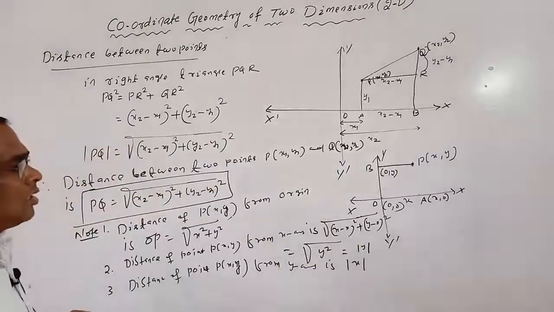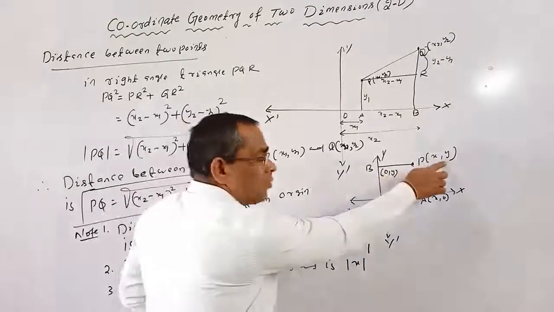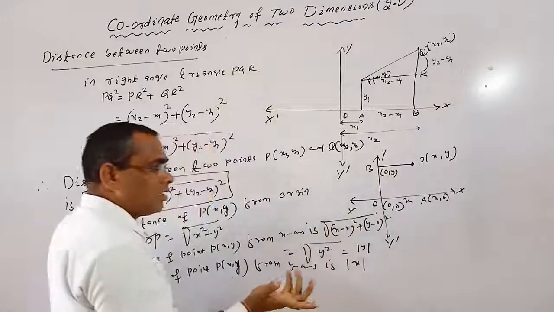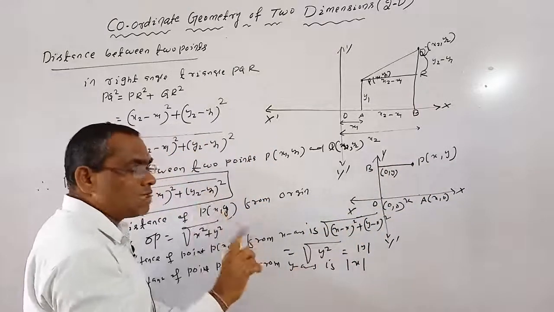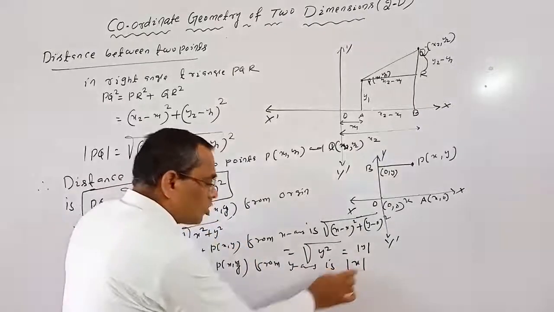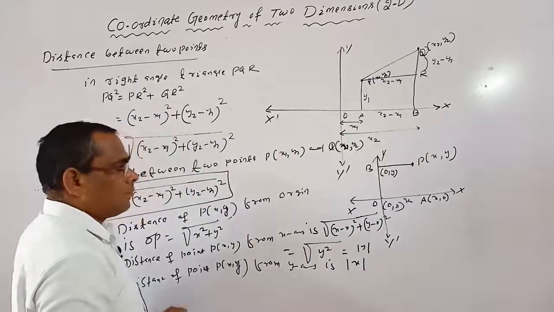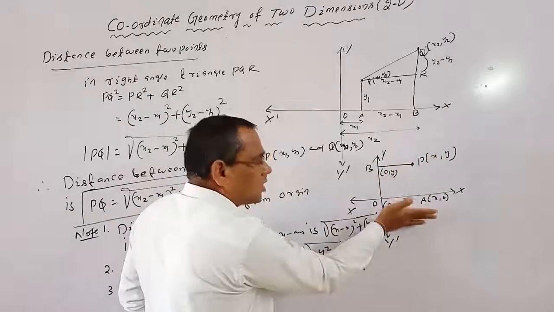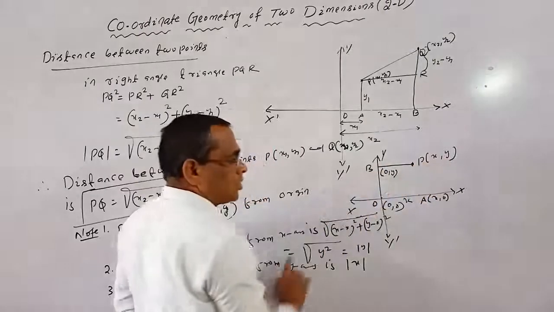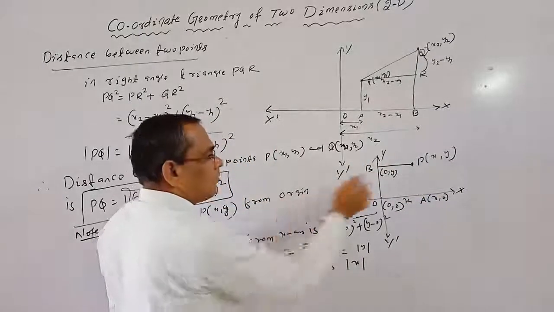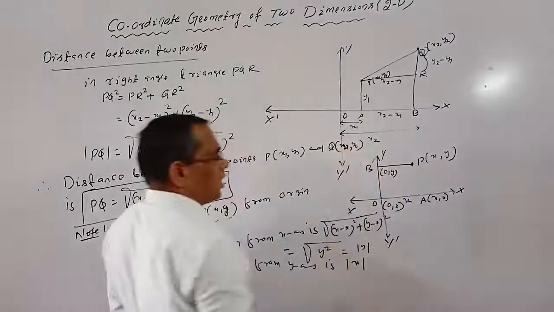Do you understand? So the distance of the point P(x, y) from the y axis means the x coordinate represents it. If the x coordinate is negative, distance can never be negative, so you take the modulus value to make it positive. The distance from the x axis means the y coordinate represents it. The distance from the y axis means the x coordinate represents it.